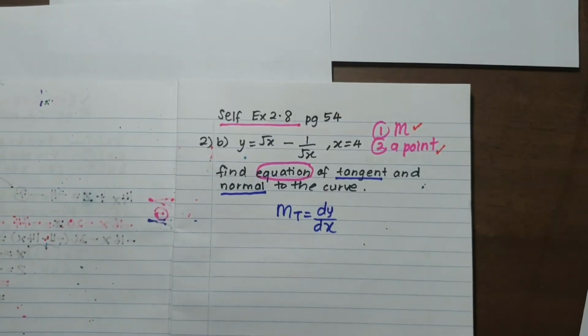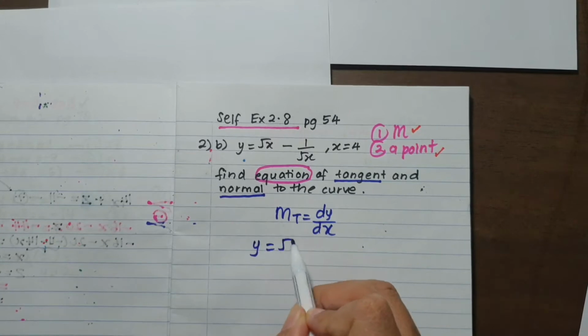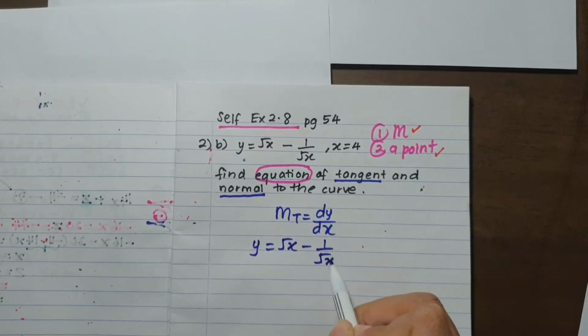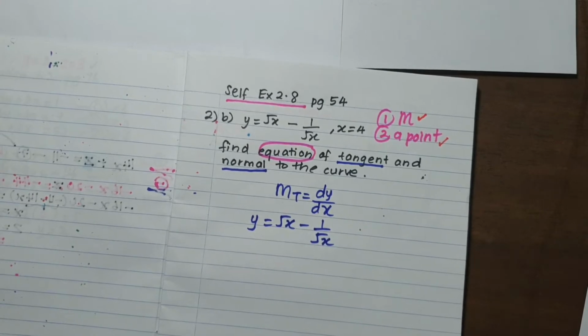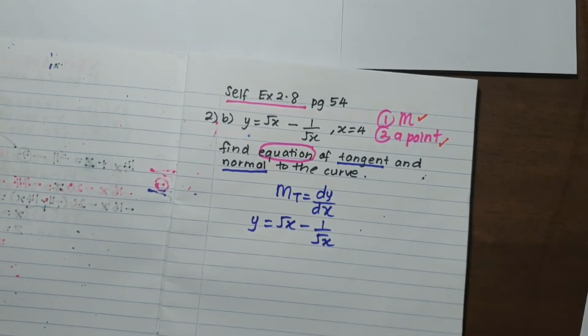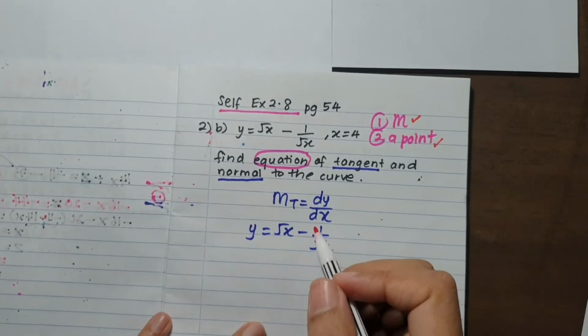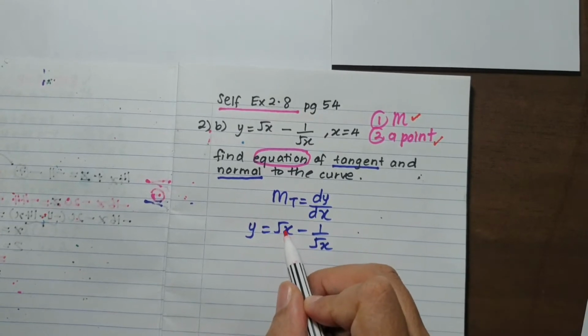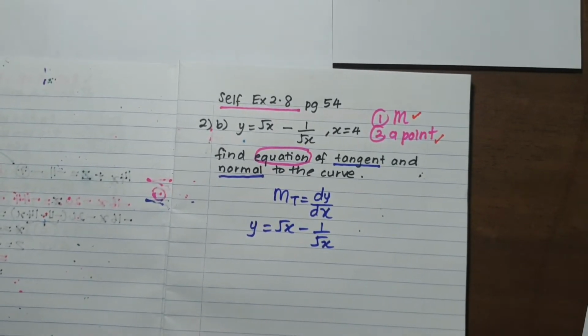Okay, so now this is your equation. Once again, in this chapter, always remember, if you have a power or a square root, always convert to index form. The power there, write in a fractional index.